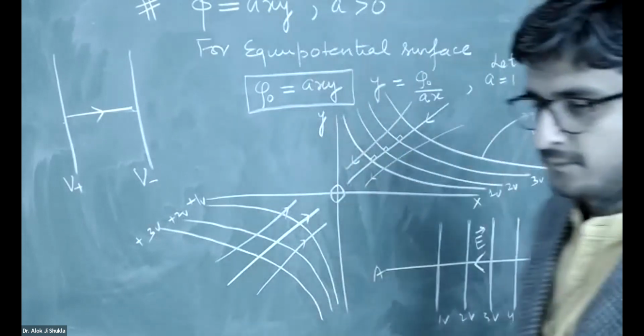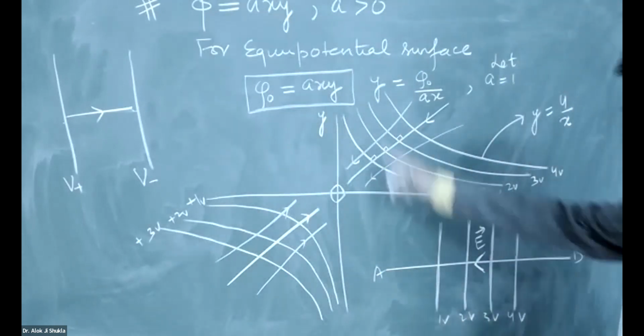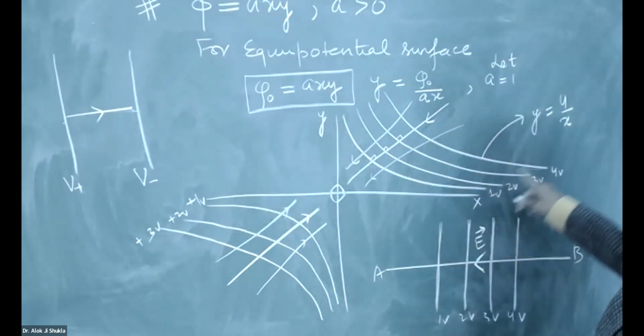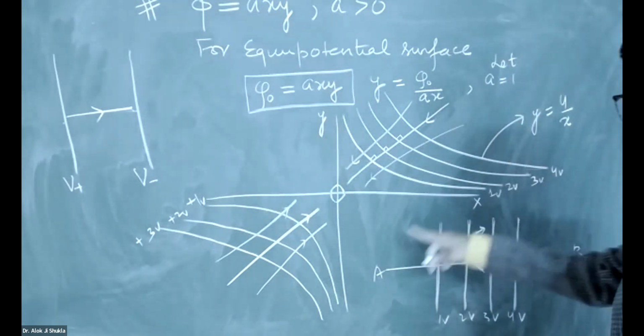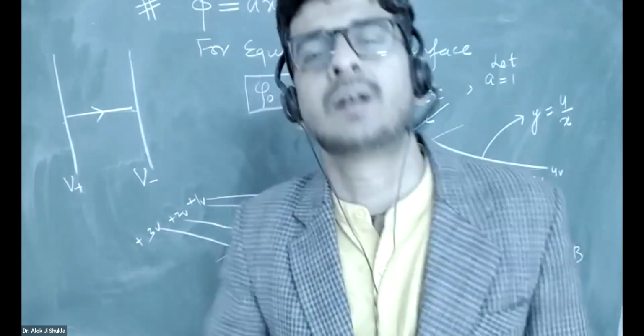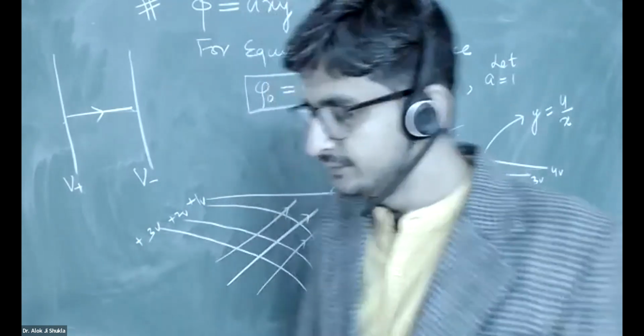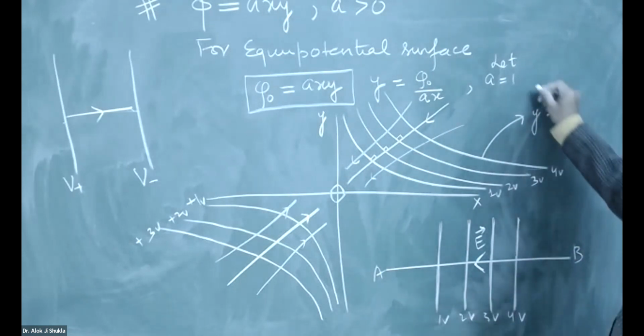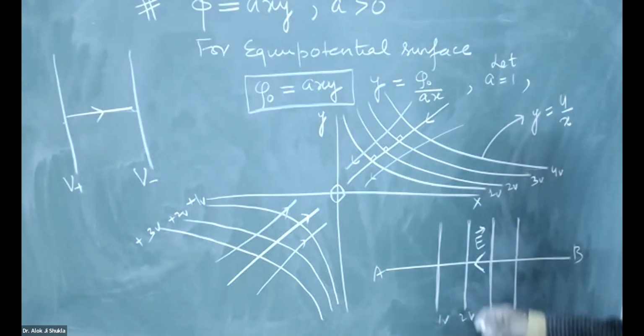Now let us draw on this side. Now I will take the next case. Here you have taken potentials positive. Now let us take the potential negative, because you can make any equipotential surface, you can take any value of potential, right? So if I take a negative value of potential, for example -1 volt, -2 volt, then what will happen?